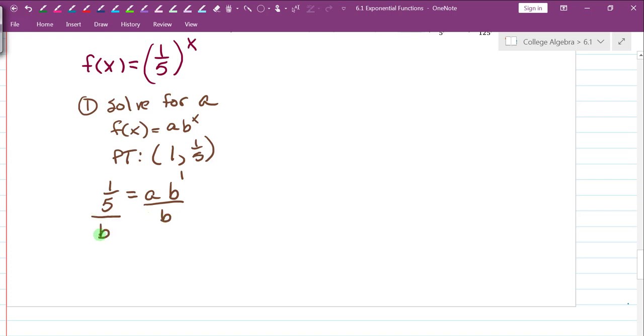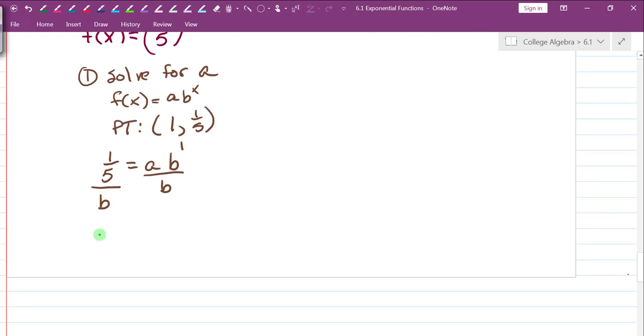Now, remember, this right here is a fraction divided by a whole number. So I could rewrite it as 1/5 divided by b divided by 1, because a whole number is just divided by 1. That makes it a fraction divided by a fraction. So I have 1/5 multiplied by the reciprocal here of b divided by 1, which is 1 over b.